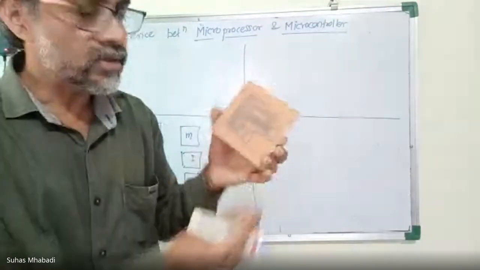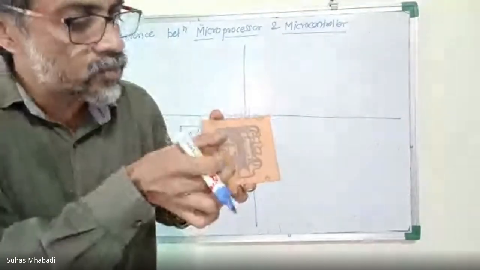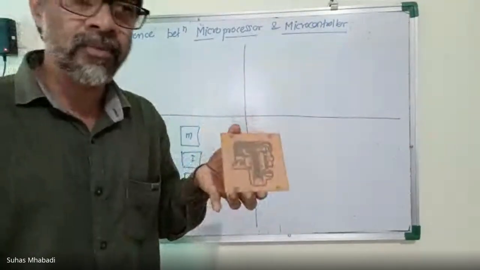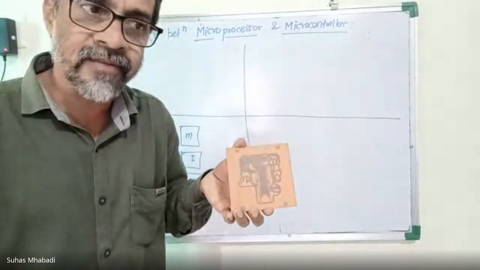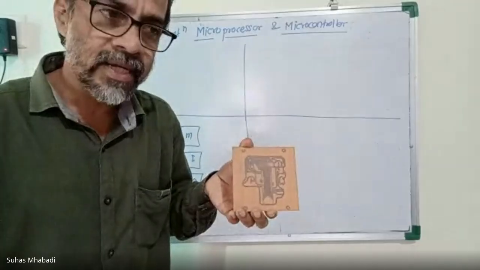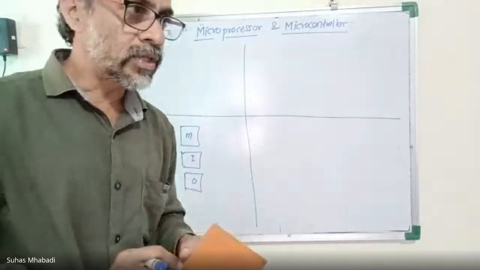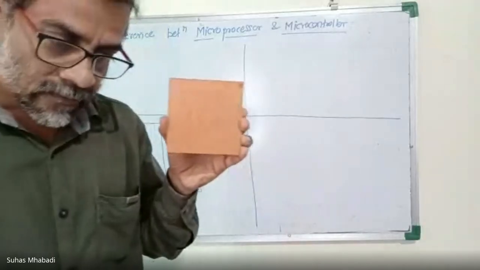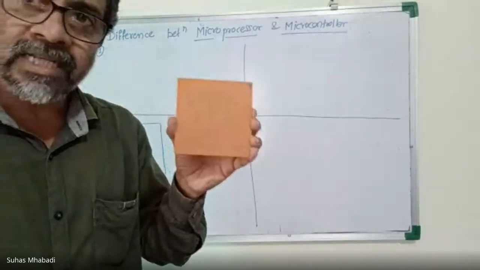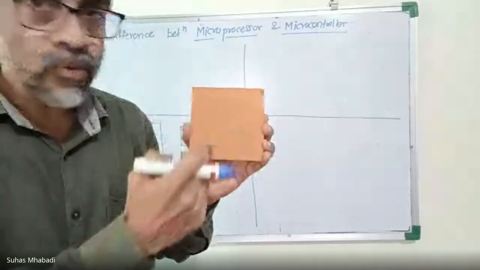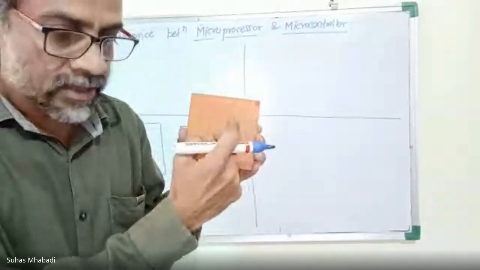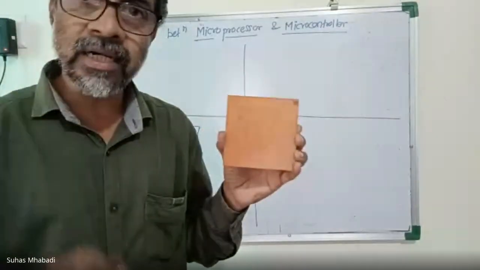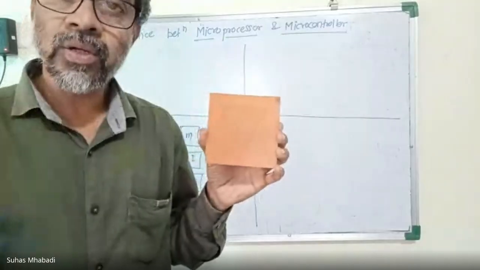The tracks are for where I'm going to put the IC as a microprocessor, and along with that I'm going to connect the memory and input output interfacing devices. So this becomes a board. A system designed by microprocessor along with the memory and input output. This system is called a single board microcomputer.